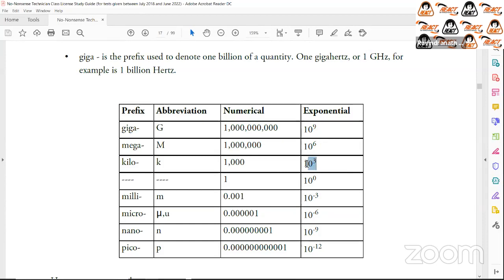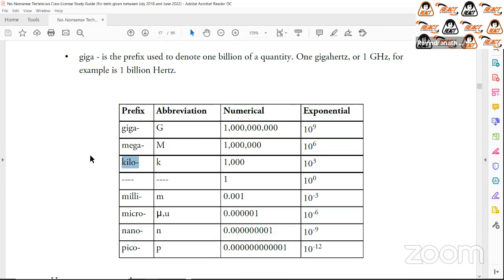If you like exponential notation, it's 10 to the power of 3. But if we say it's a millimeter, it is 0.001 of a meter. So that is what the prefixes mean when we apply it to some unit.